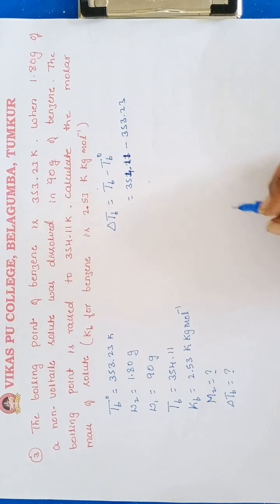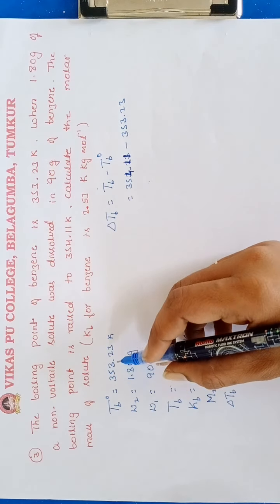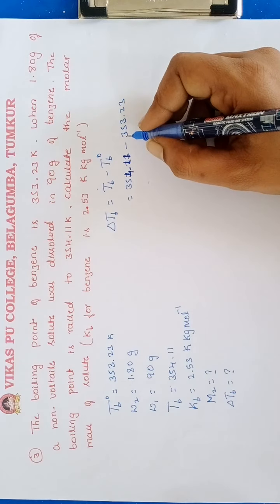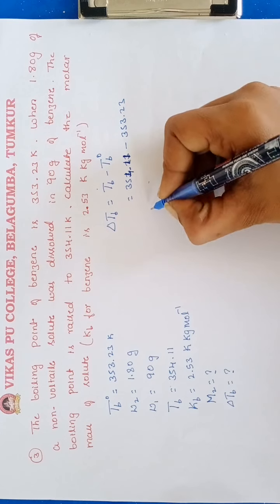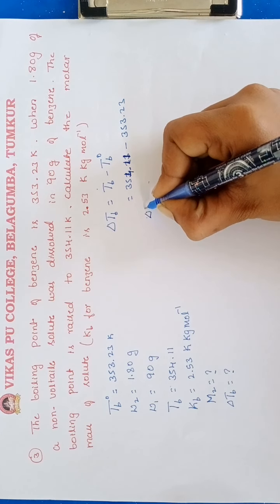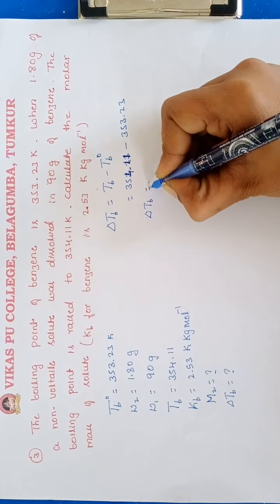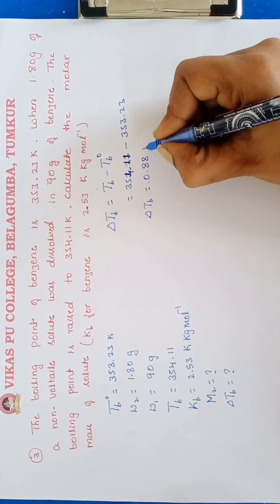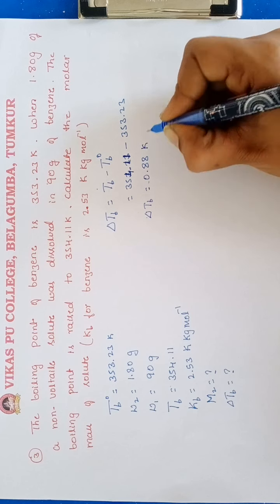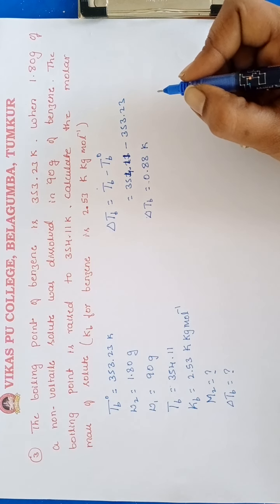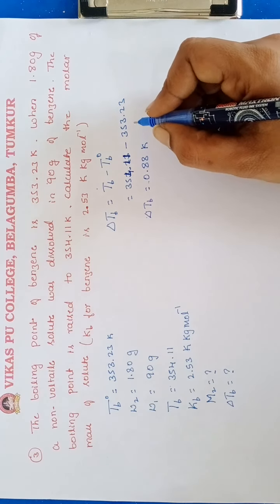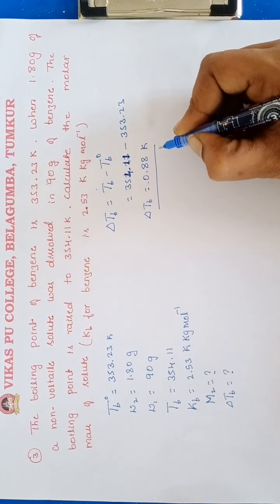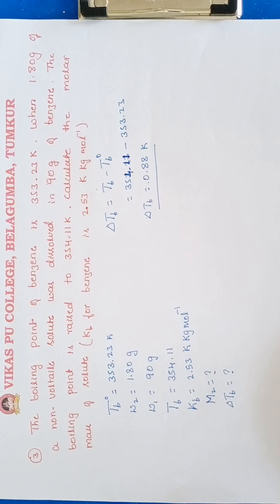On subtracting this, we get delta TB equal to 0.88 Kelvin. This is the increase in the boiling point.